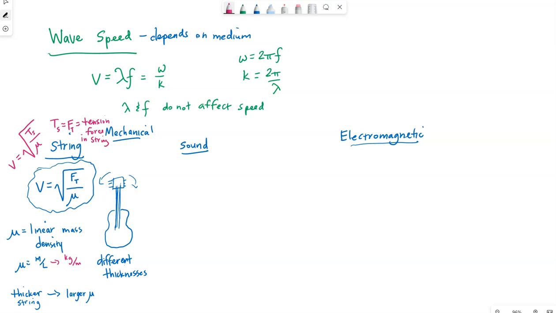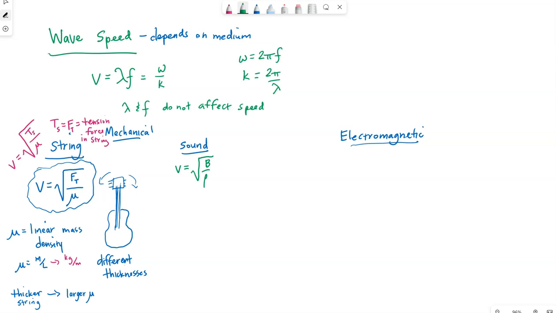All right, now sound also depends upon the medium. The fundamental equation for the speed of sound, though our author doesn't introduce this equation, so you won't be making a calculation with this, but I still want to introduce it.